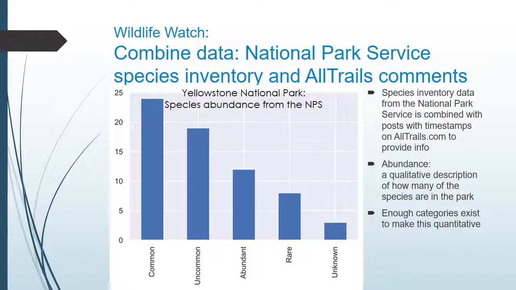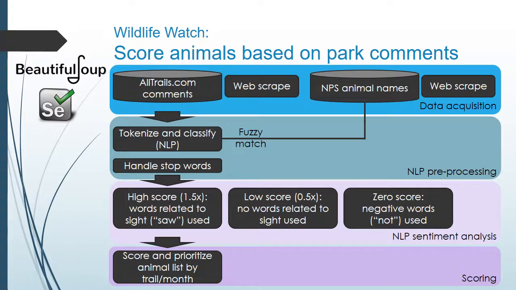Then from alltrails.com, there are many thousands of comments posted by hikers, which in some cases actually talk about what animals the visitors saw. So I wanted to use a combination of these data sets to get that insight on what animals the users could see in the park.